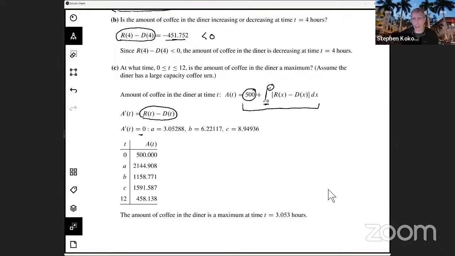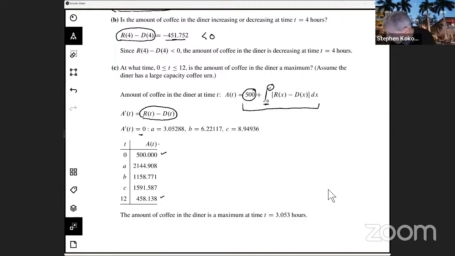Don't just visually round or truncate. And now here's my candidates test. I know that A of 0 is 500. That's how much coffee was in the urn to begin with when the diner opened. And I evaluated this function A using my calculator at these 3 values, little a, b, and c, and at 12.